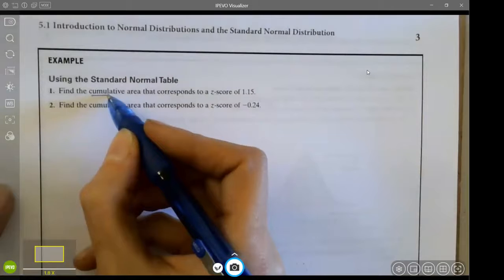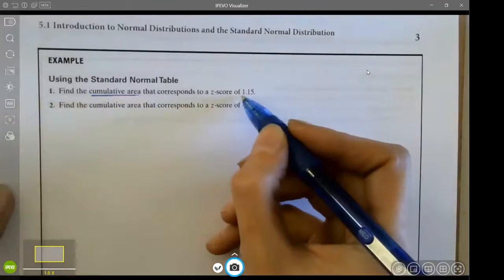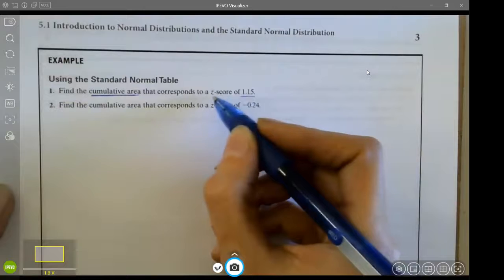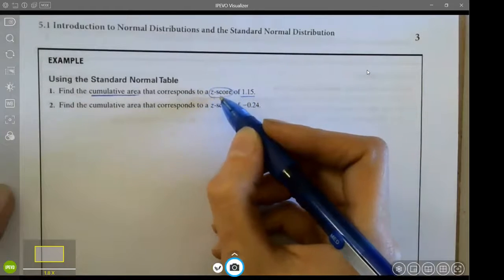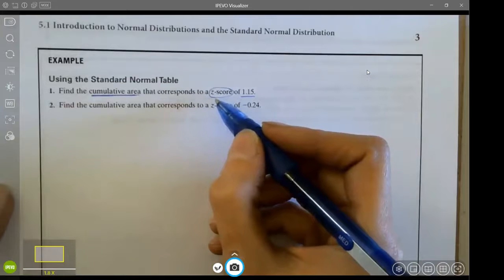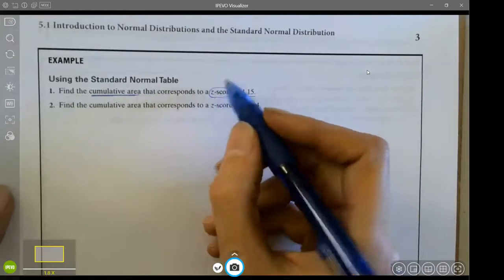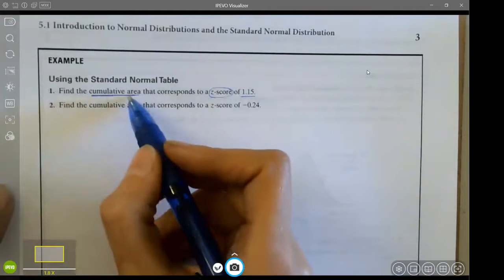So we are looking for the area that corresponds to 1.15, and here we have a z-score. We don't have the actual X value. It might be hidden, but we have our z-score and we can find the cumulative area or the probability.